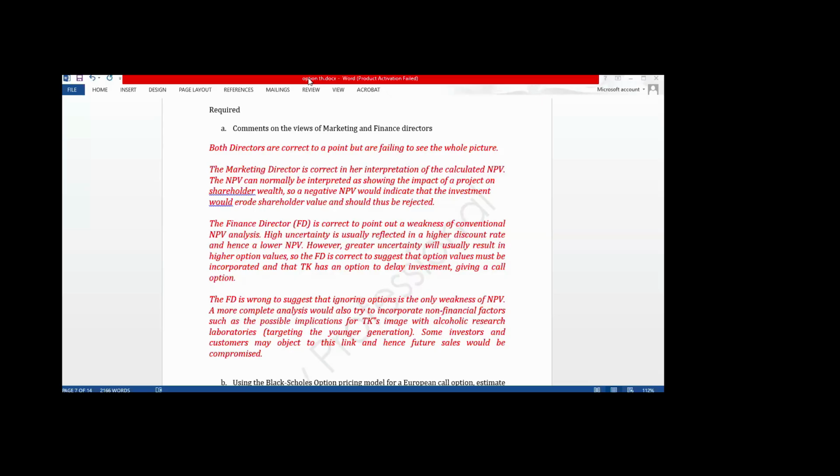However, with high uncertainty, we have higher option values. We can value the financial flexibility. What is this financial flexibility? It is not compulsory to start the project in year 0.